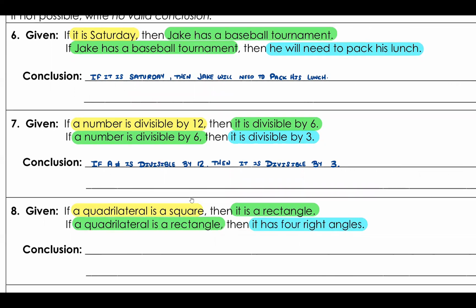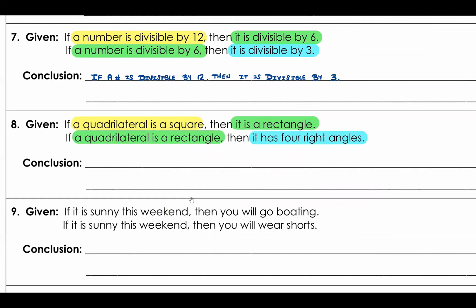What can I draw? If a quad is a square, then it has 4 right angles. Perfect. Not too bad, right? Just a lot of words in math.